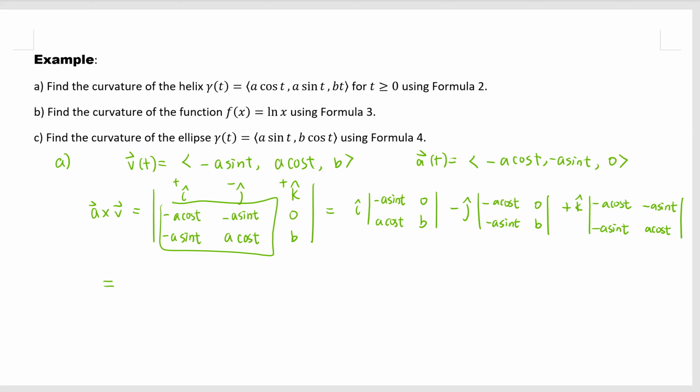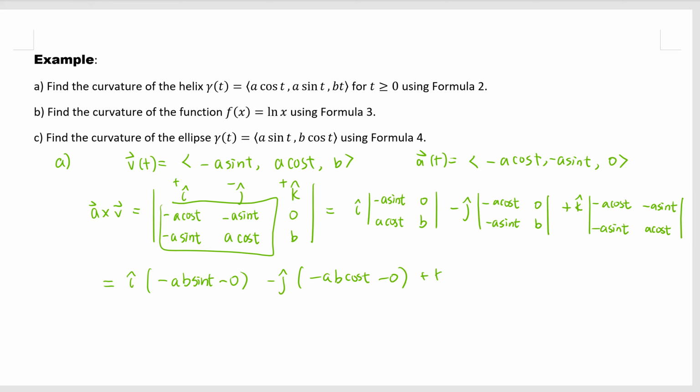So we have i cross multiply: minus ab sine t minus 0. And then j, we have cross multiply: minus ab cosine t minus 0.